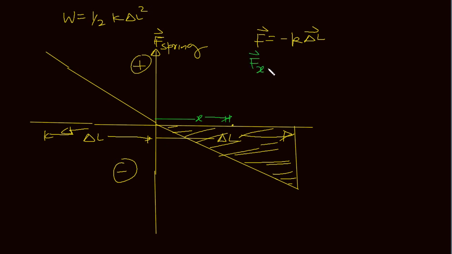So force at X is minus K X, and this is what makes it a challenge, because spring force is not constant, it's changing with X. So as you're moving, the force is getting bigger and bigger in magnitude, and at this point the force is minus K delta L.